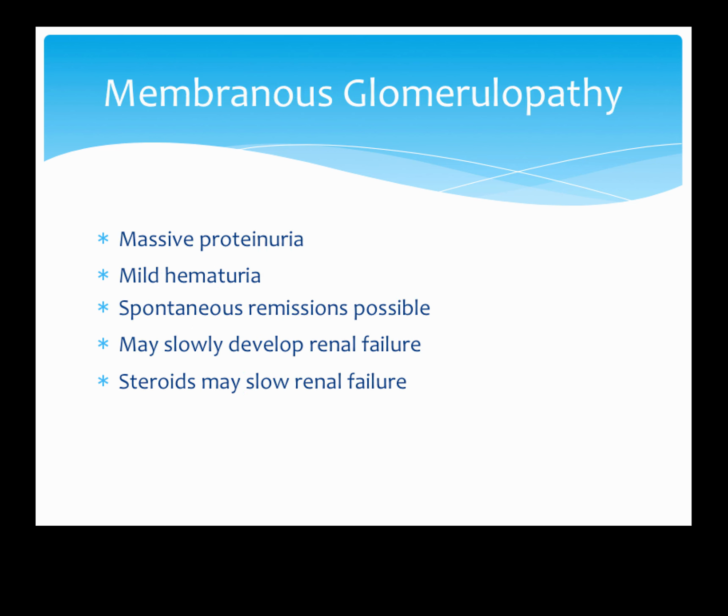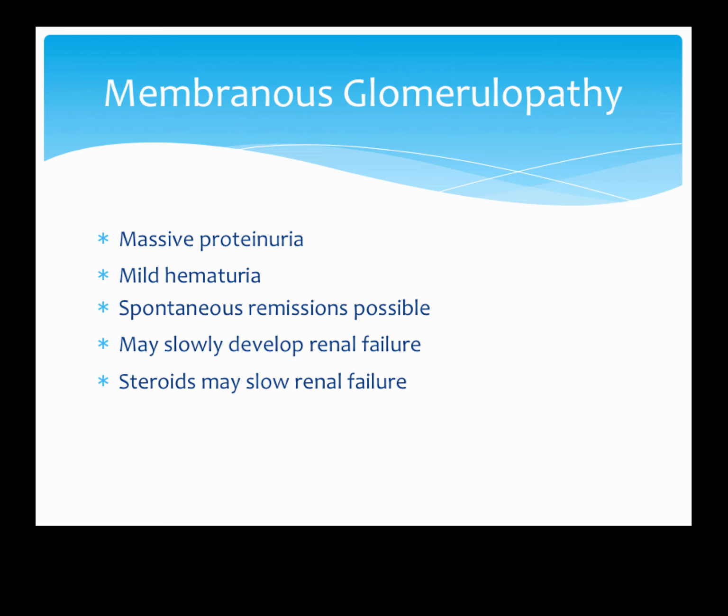Membranous glomerulopathy is a different type of disease process which is associated with very massive proteinuria. Sometimes these patients will have 20 or 25 grams of protein in their urine in 24 hours. These patients will have relatively mild hematuria, but generally more than is seen in a patient with minimal change disease.